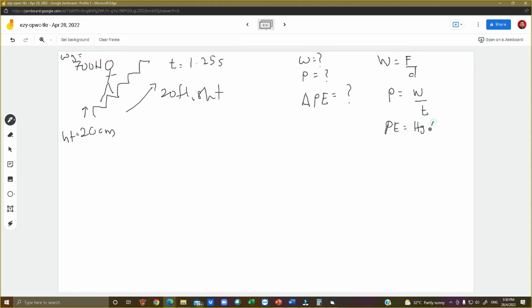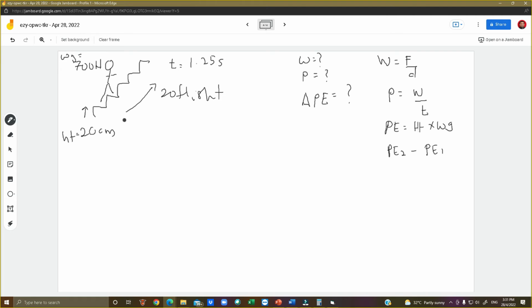Potential energy is height times weight. So if it says change of PE, it means PE2 minus PE1. PE2 will be at the top of the stair, PE1 will be at the bottom of the stair.